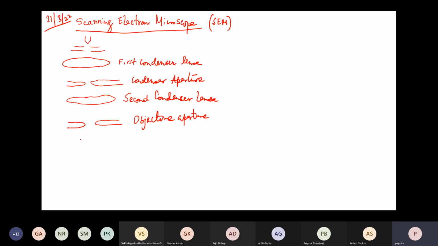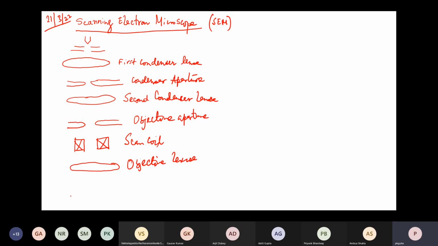There is a scan coil. Then there is the objective lens. So I have mentioned three lenses: first condenser lens, second condenser lens, and objective lens. In actual equipment, maybe there are more than that.